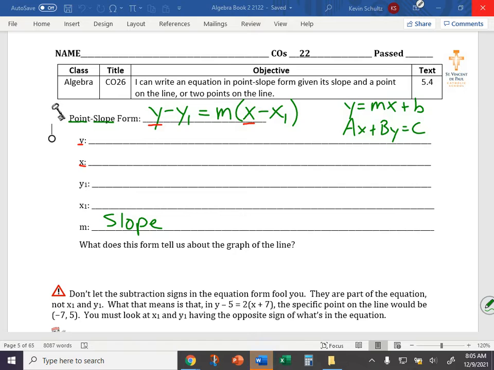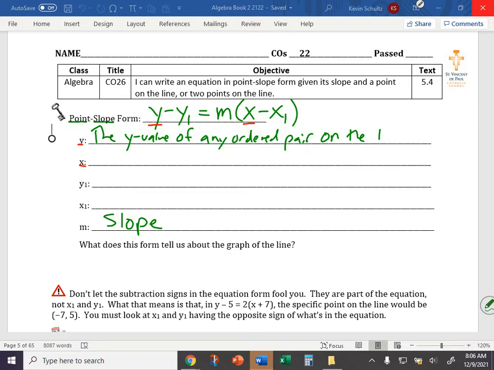The y variable represents the y value of any ordered pair on the line. You do write this down. We did this when we talked about slope-intercept form, which is why I'm connecting this back to it. The y variable in point-slope form represents the y value of any ordered pair that's on the line.